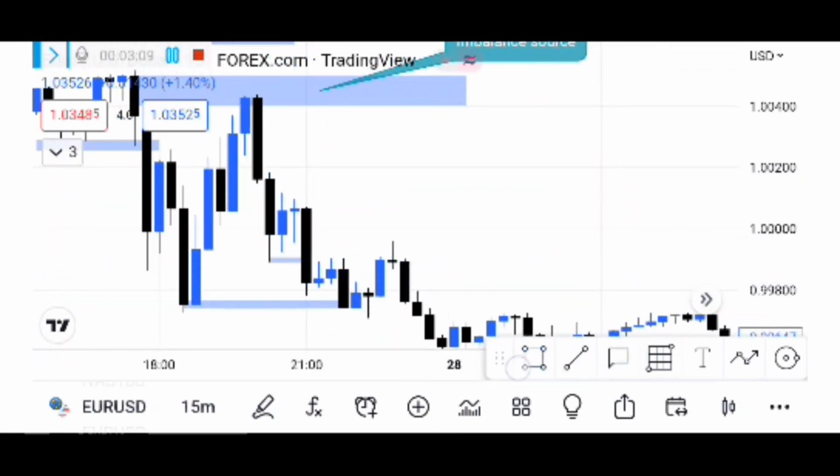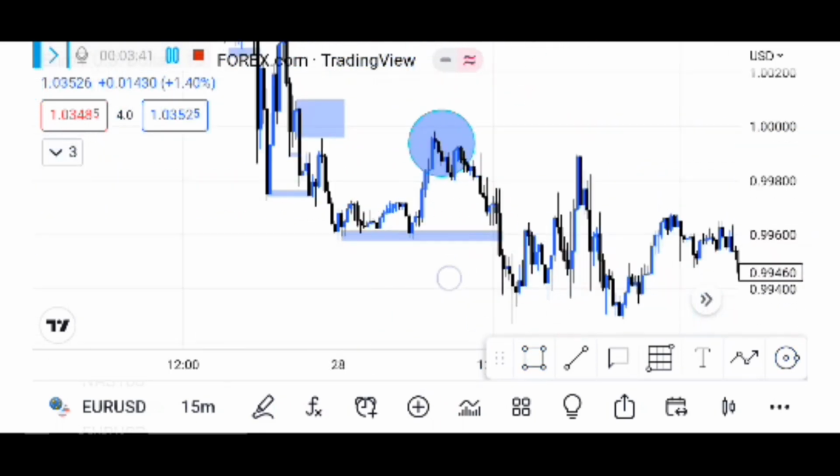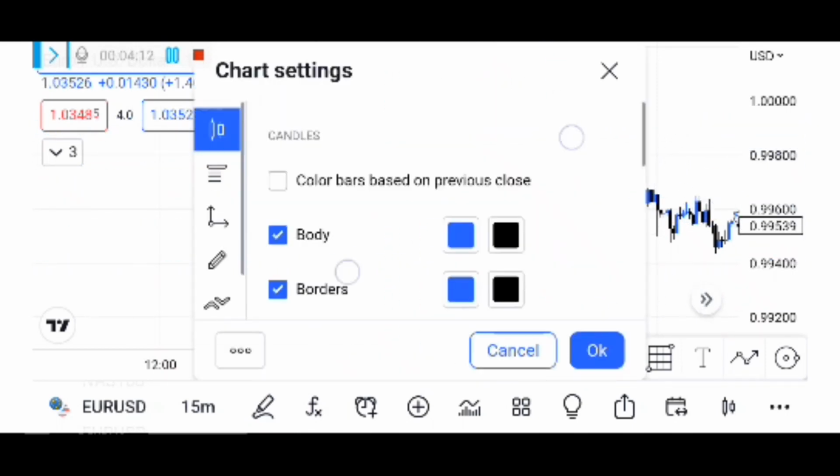So how does it work? First I go to daily time frame and follow the breakout of market.